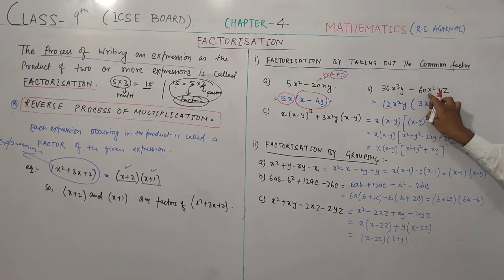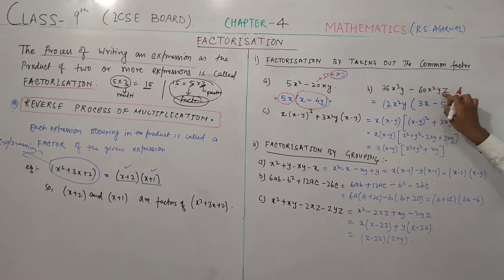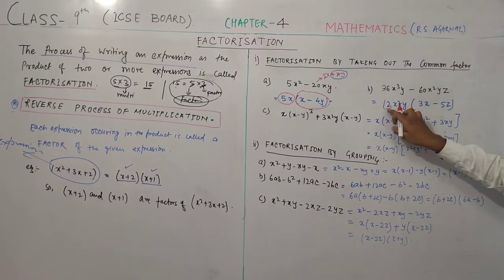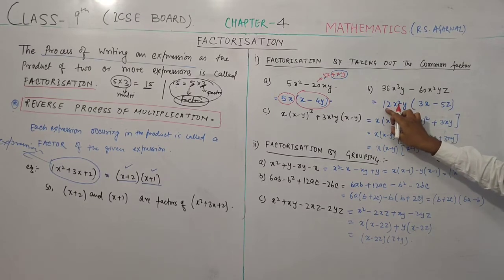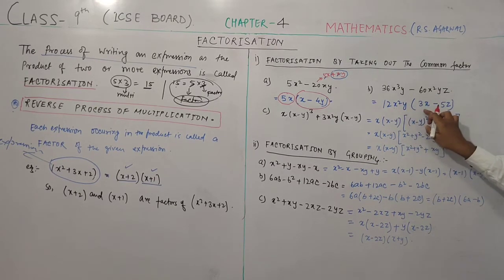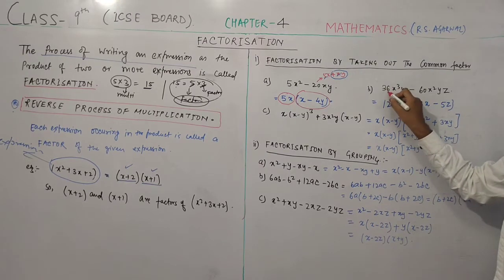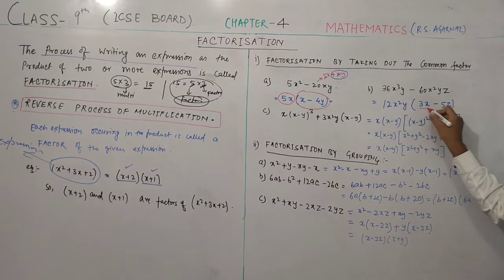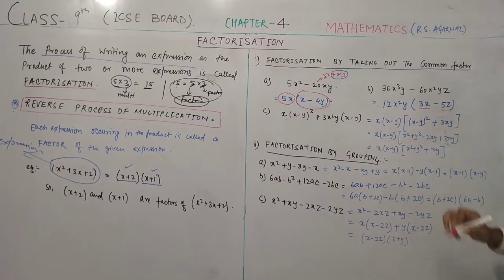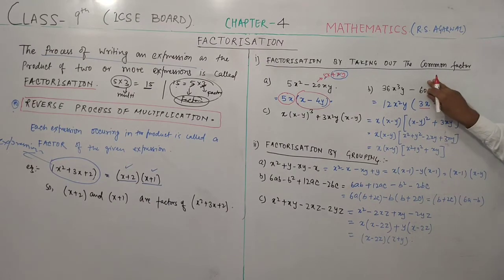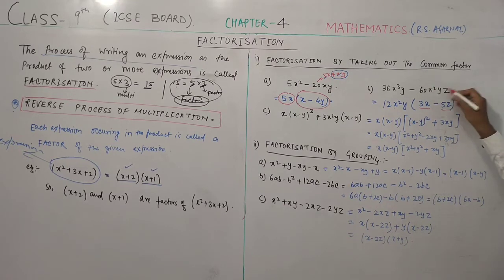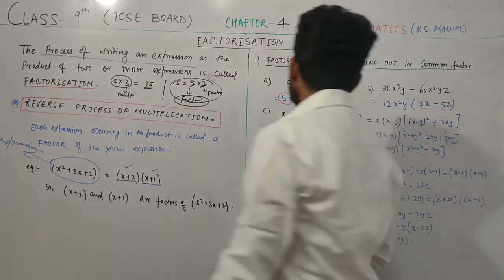So I take common 12x square y. The remaining is 36 by 12, which is 3x, and here 5z, because after taking x square y common, the remaining is z and 5. So this is the final factor.